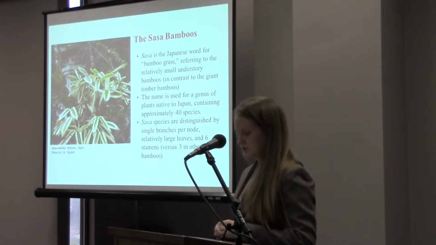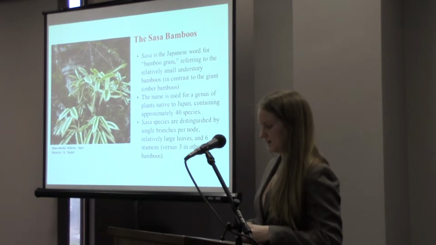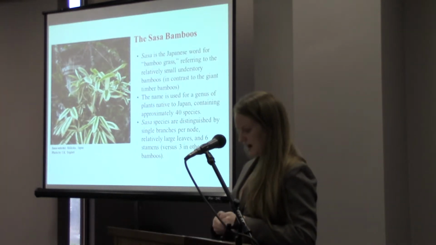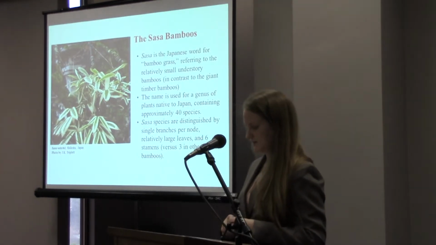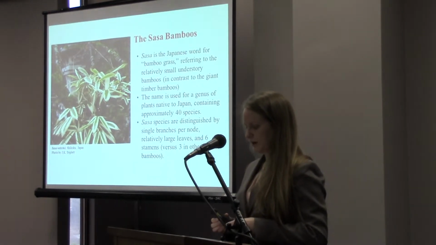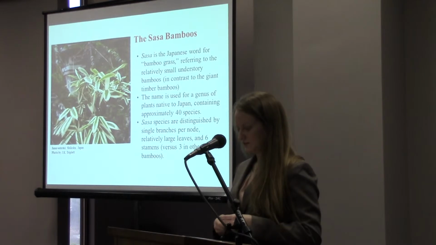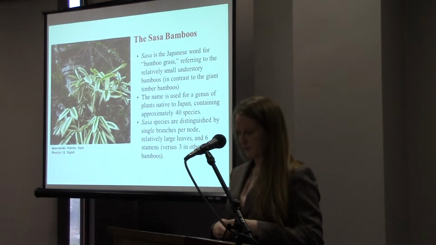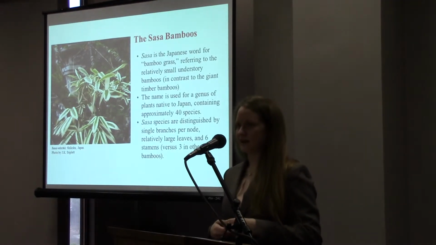The name is used for a genus of plants native to Japan containing approximately 40 species. Sasa species are distinguished by single branches per node, relatively large leaves, and 6 stamens, versus 3 in other related bamboos.